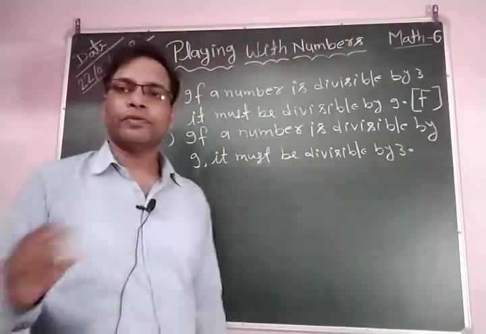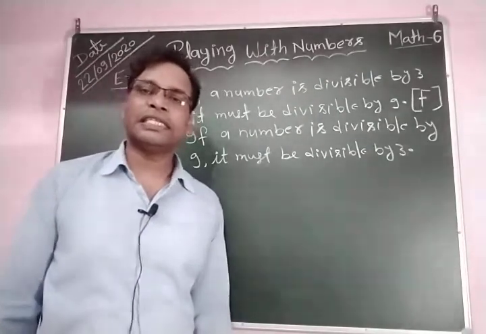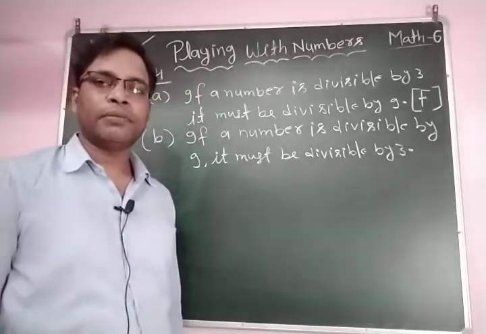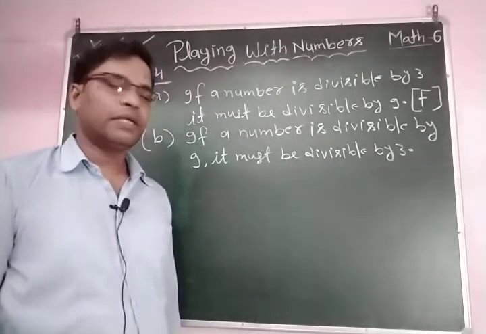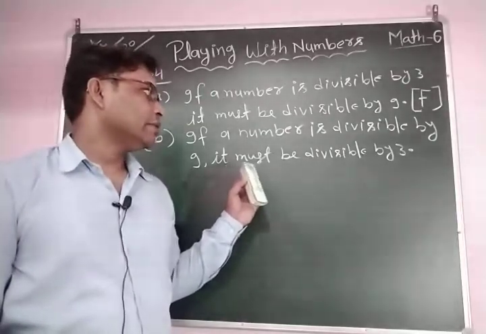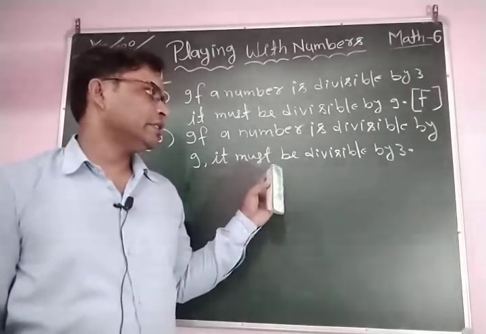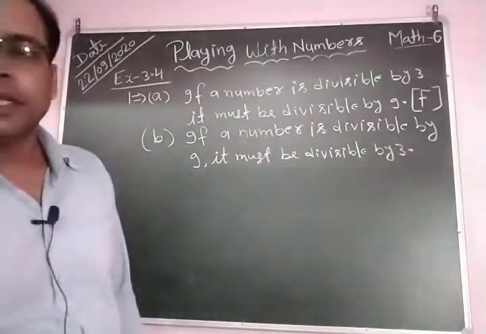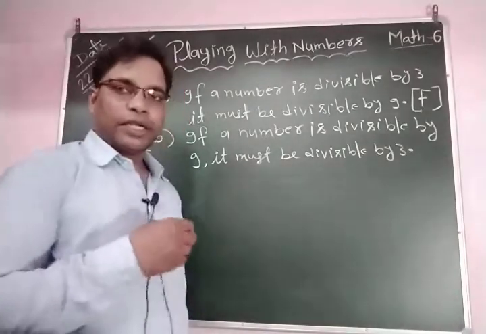Why is this true? How do we take the decision? This is a true statement because 9 is a multiple of 3. If a number is divisible by 9, it must be divisible by 3. We take some examples to prove it.